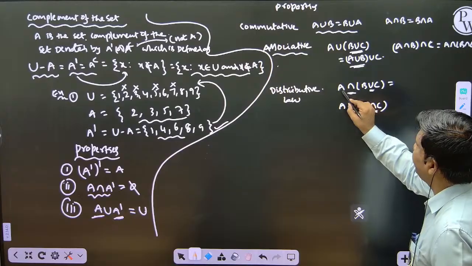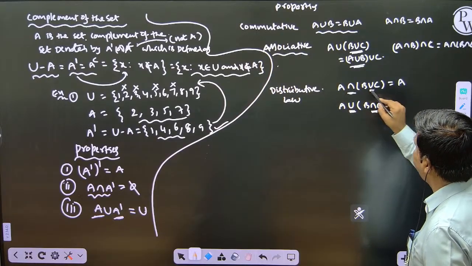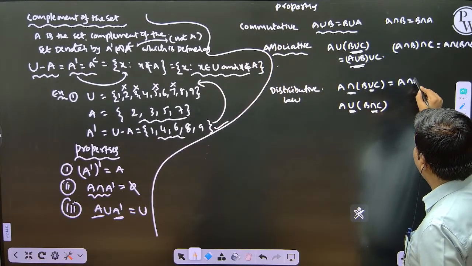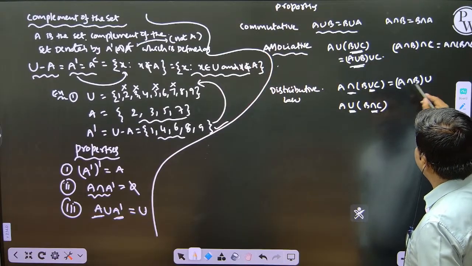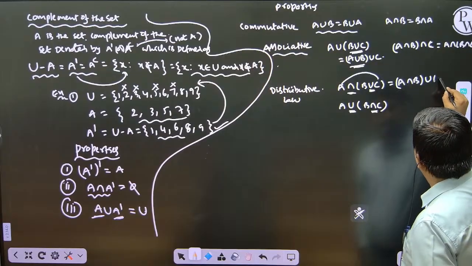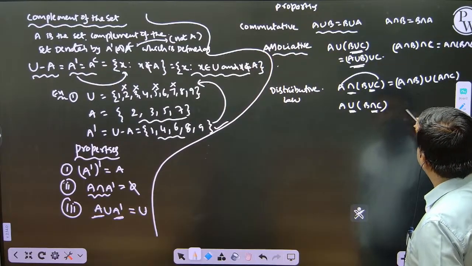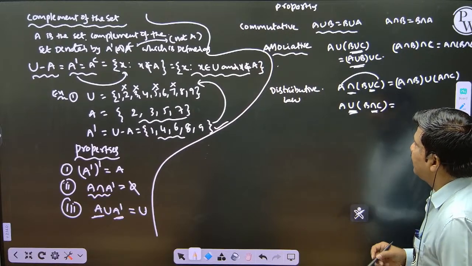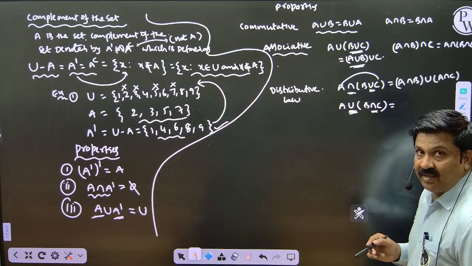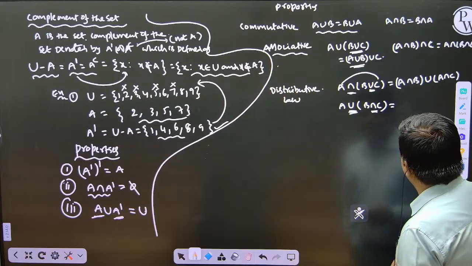What we are getting here: A and B, what is their operation in between? Union. Next, again A and C. Here also union. Here intersection distributes over union, but here union distributes over intersection.